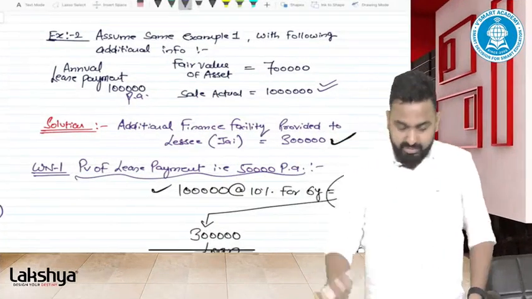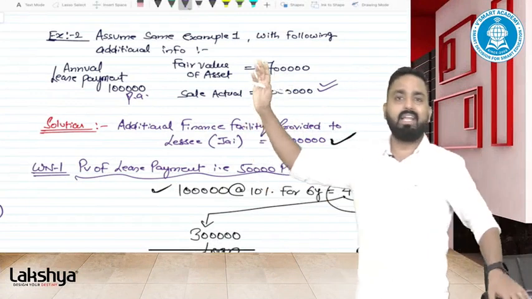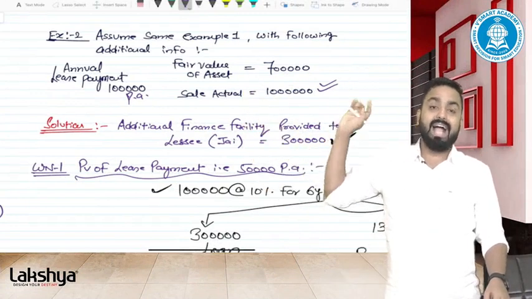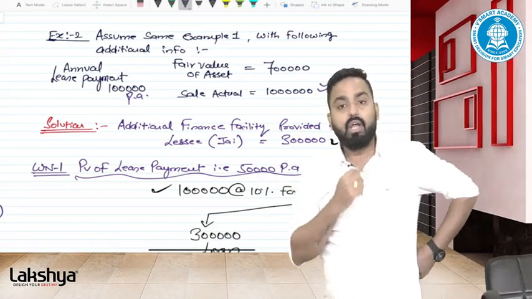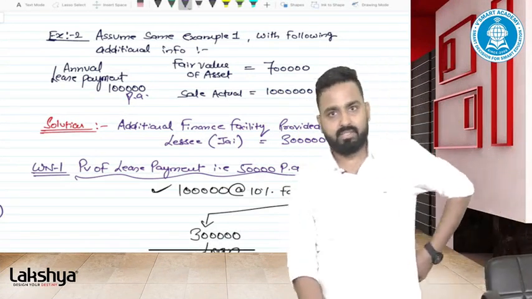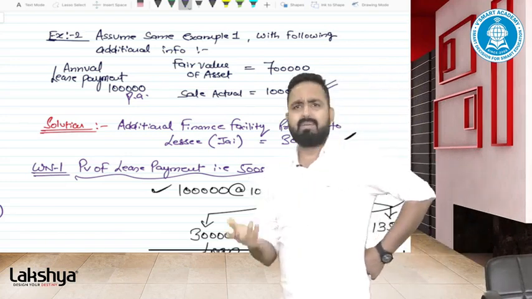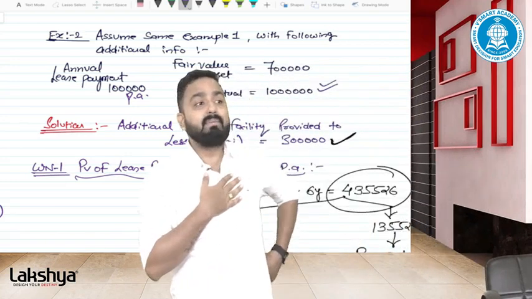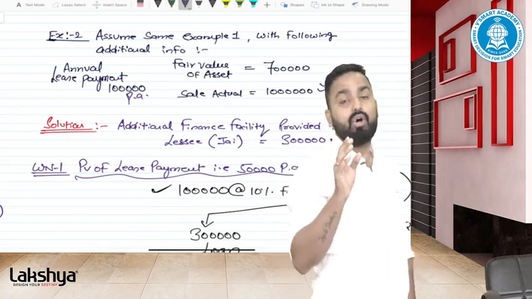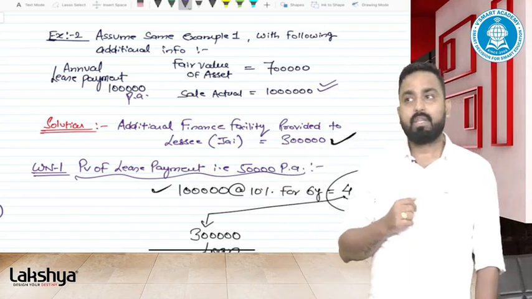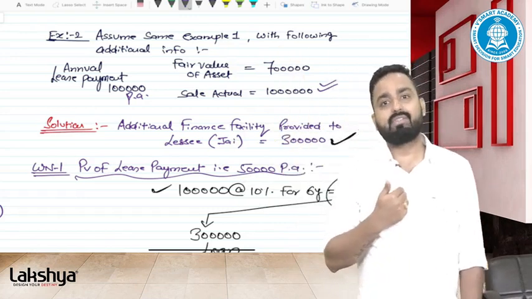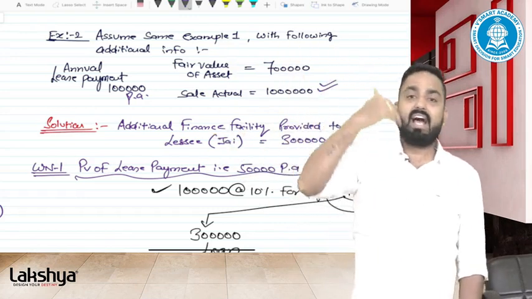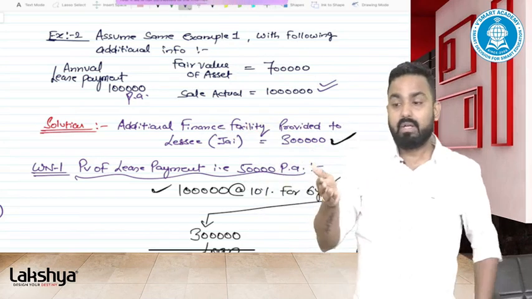Okay, so this was example number 2, where it is clearly written that we actually sold the asset at 10 lakh, but the market price was 7 lakh. Now, what will be the reason behind this? Simply, suppose I am in need of funds of 10 lakh. Someone who is ready to provide me the funds is saying that I have to sell my asset.